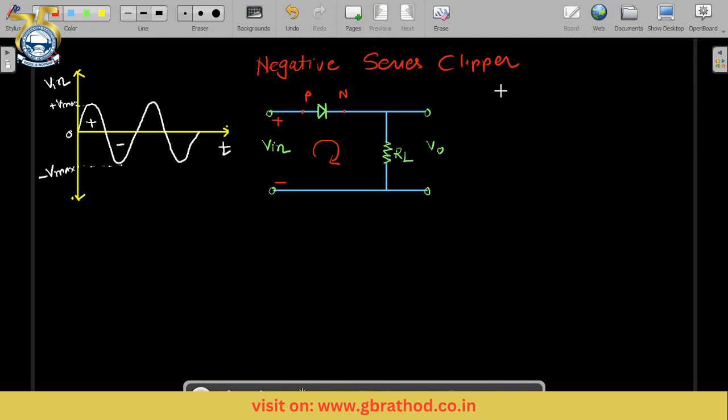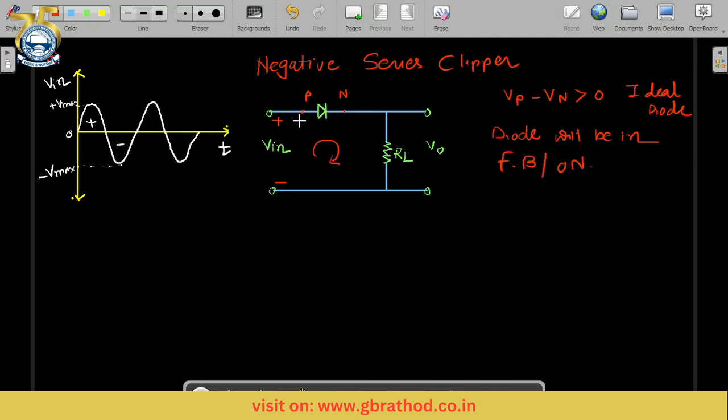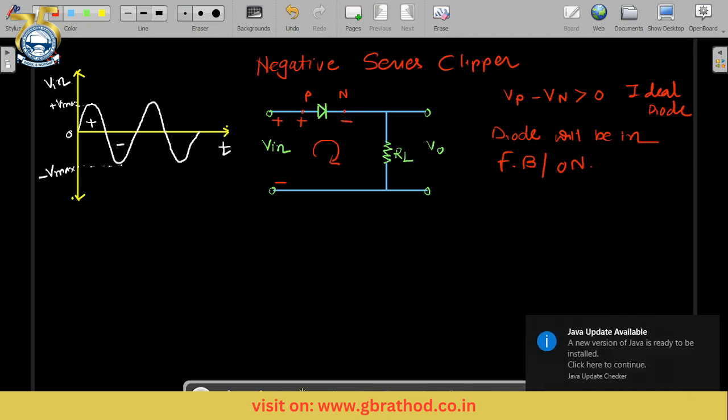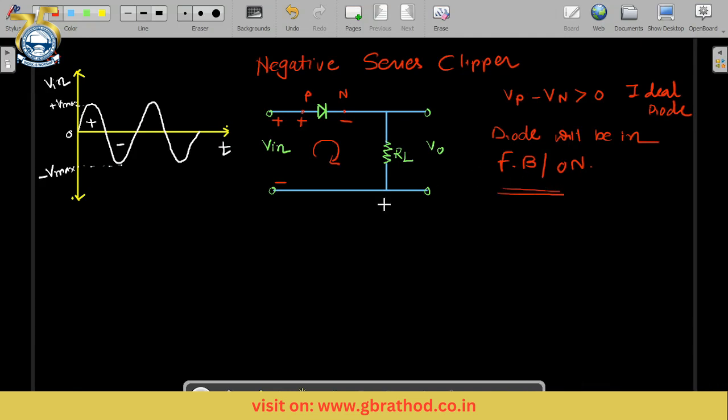As we know, the condition Vp minus Vn should be greater than 0 for an ideal diode to be in forward bias, or on. So the anode terminal is positive, the cathode is negative. Now you see the diode is in forward bias, so this diode is in the on condition.